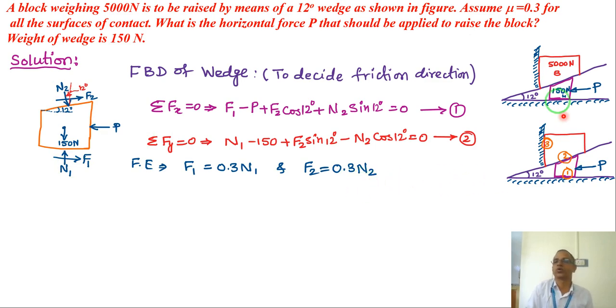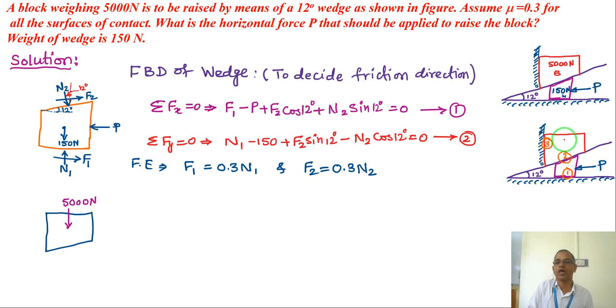Now let us go to the block which I have to lift. Try to draw the free body diagram of that block. So let us take the block which has to be lifted. This is the block. Then what are the forces at the contact surface?